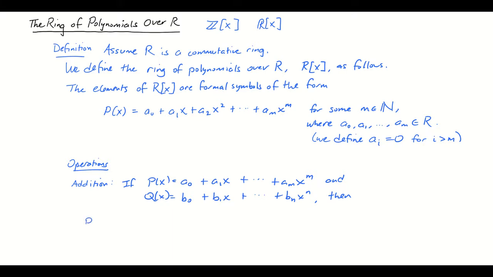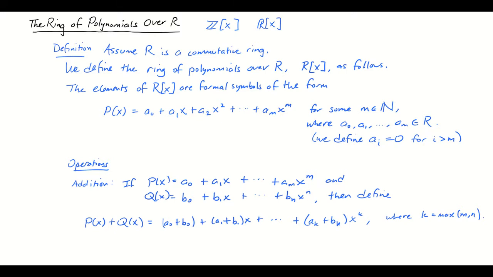So we're going to define P(x) plus Q(x) equals this polynomial, (a0 plus b0) plus (a1 plus b1)x plus, and so on, up through (ak plus bk)x to the k, where k is the maximum of m and n.